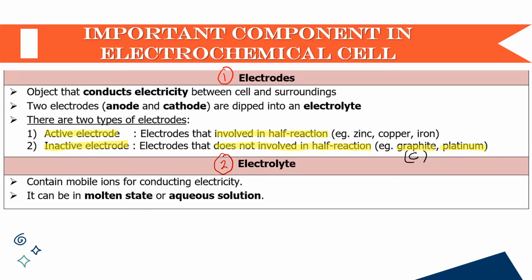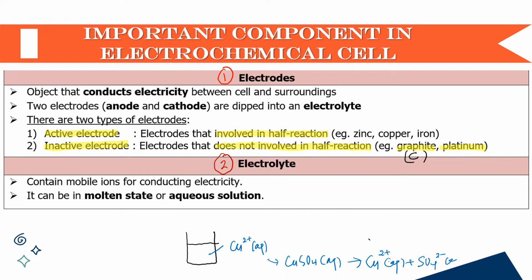For example, I have a beaker, and inside this beaker I have Cu2+ aqueous solution, which comes from copper sulfate aqueous. This copper sulfate will dissociate into its ions: Cu2+ aqueous plus SO4 2- aqueous.